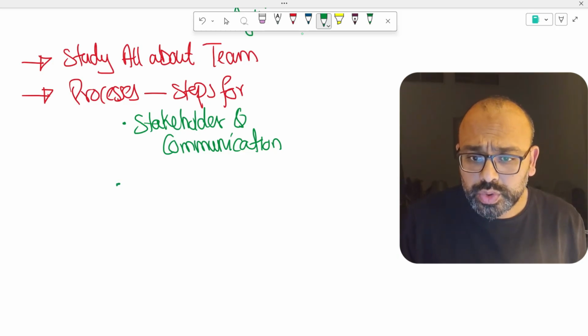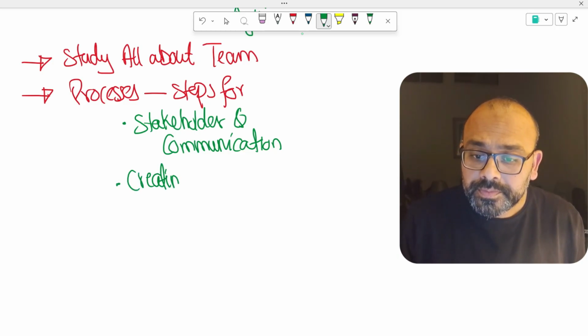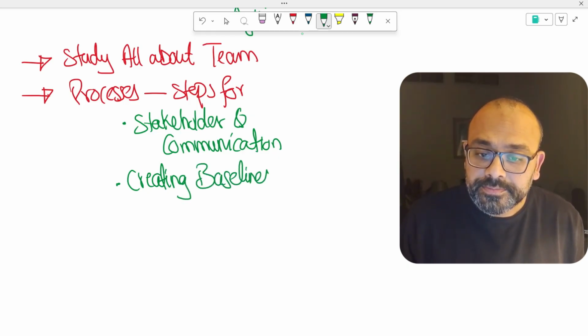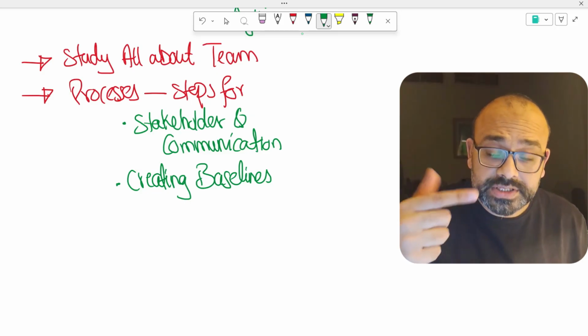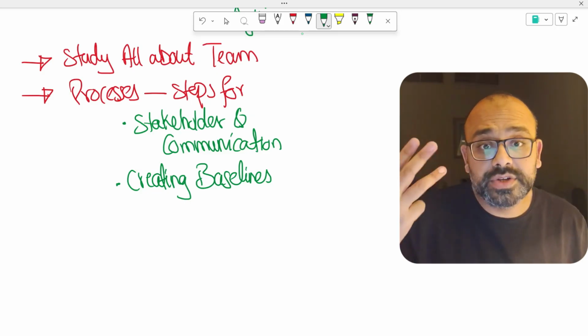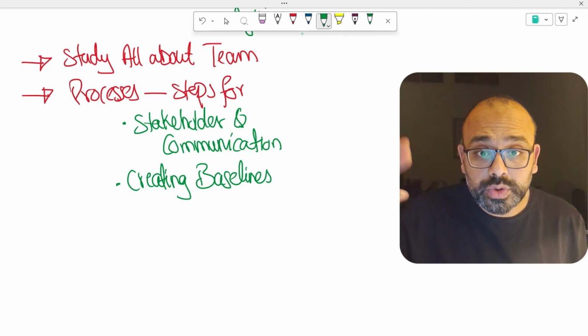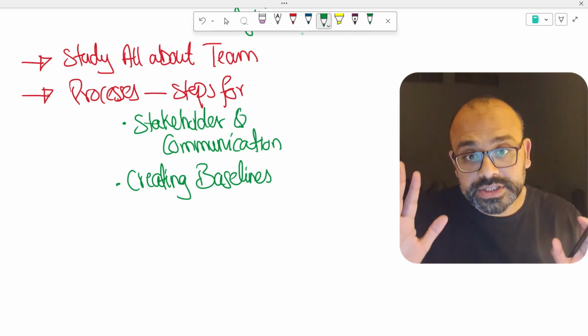You should know the steps for creating baselines. There are 3 baselines. Means there is a scope baseline, there is a schedule baseline, there is a cost baseline. So you must know the steps for creating all these 3 baselines.